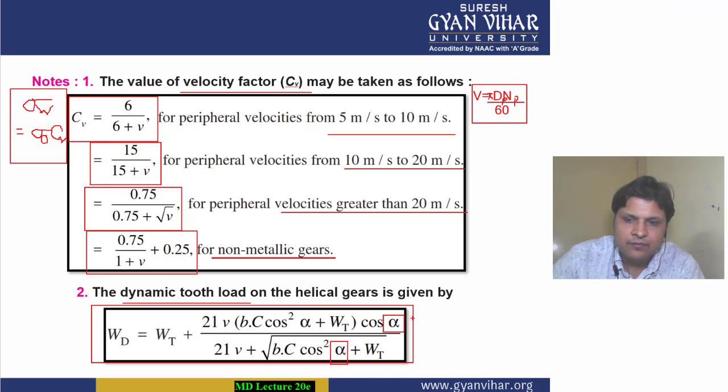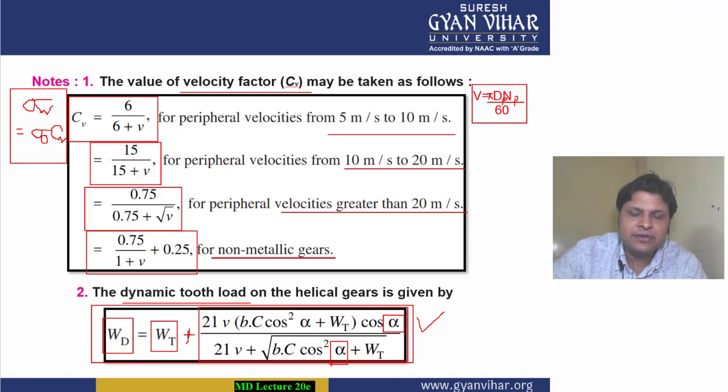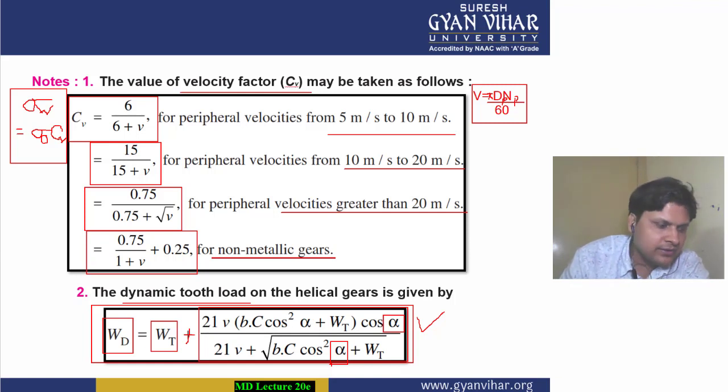So this is the formula by which we will be calculating the dynamic tooth load. We all know, for calculating dynamic tooth load, you will have to add the incremental load with the tangential load. So this increment load expression, you should know, is different from that of a spur gear, because here you have the extra cos alpha written.